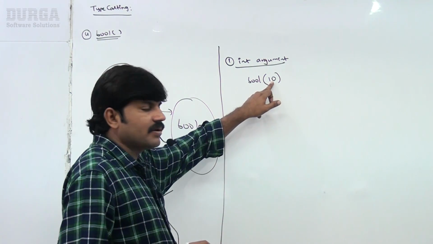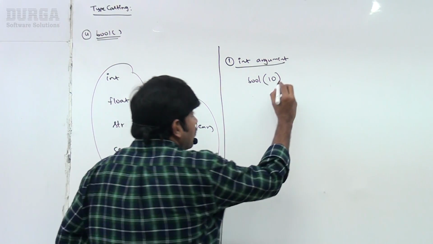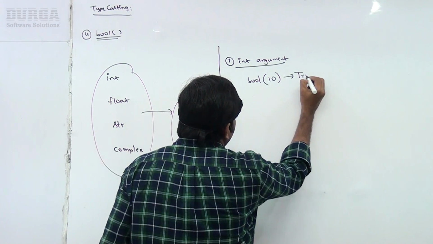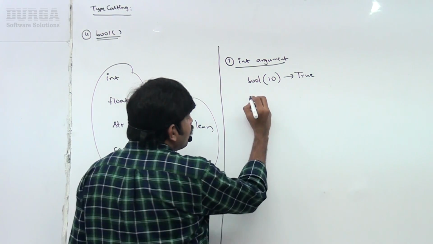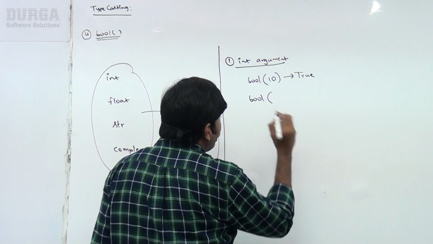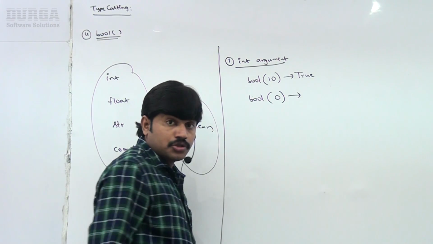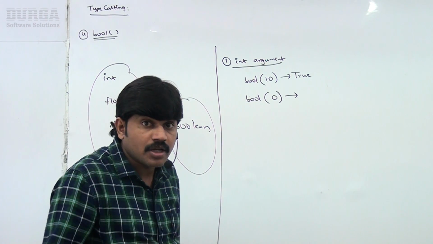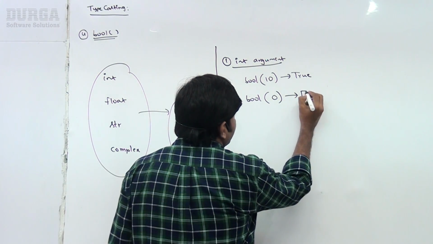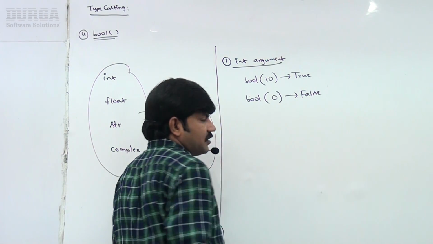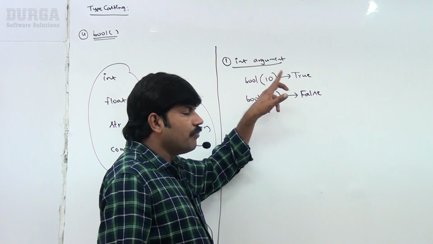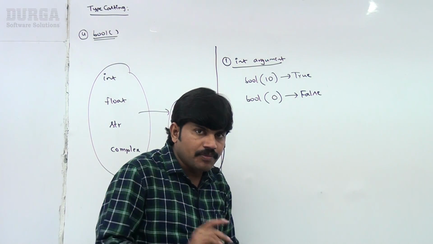Now bool of 10 is not 0, that's why we get true. Next, bool of 0. A 0 argument means false we are going to get.